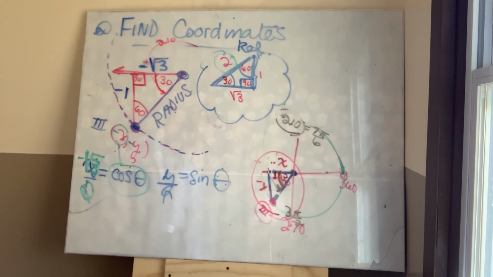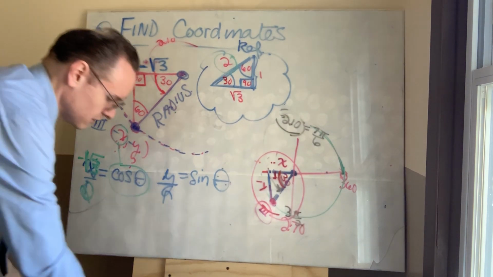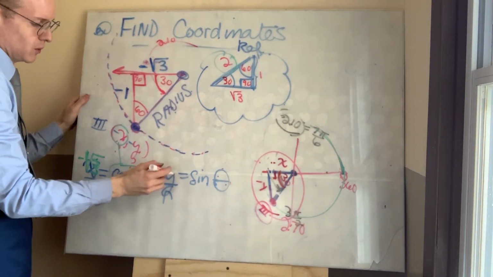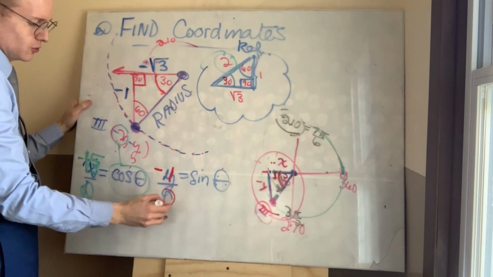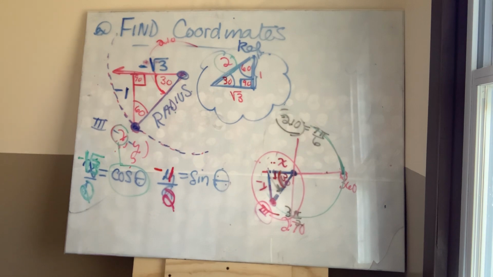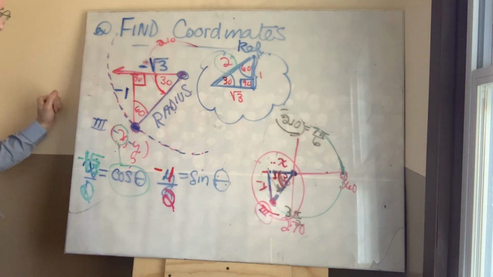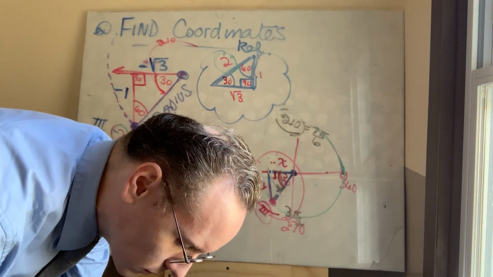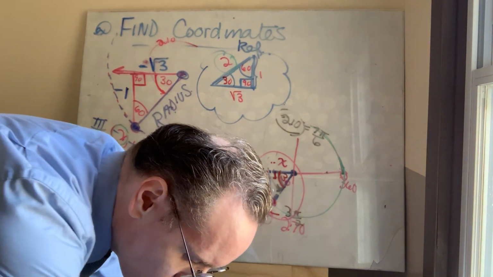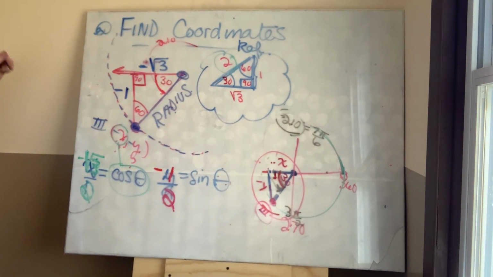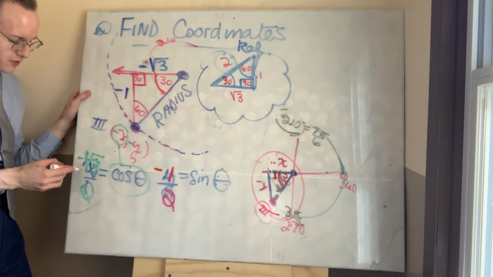Okay. And in this case, our y value is -1, and our radius is 2 again. They share that in common. Let me just verify here. Good. All right.